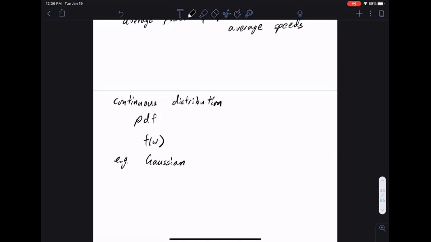A normal random variable has two parameters, the mean and the sigma. So for Gaussian, we have 1 over square root of 2 pi sigma, e to the minus x minus the average value squared over 2 sigma squared. This is our Gaussian random variable.